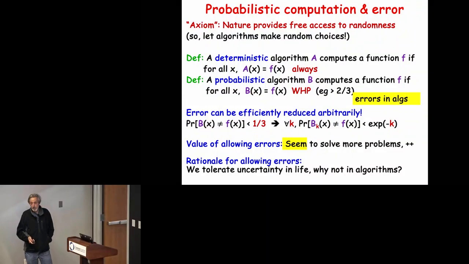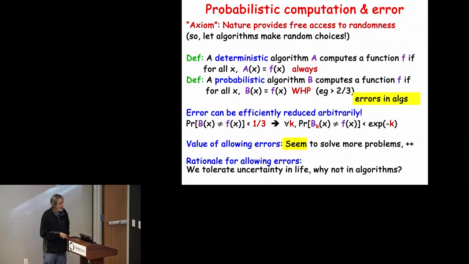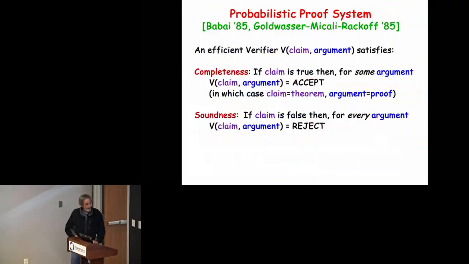Okay, now we want to import this to proof systems. And I claim this is easy because we define proof systems by algorithms, right? A proof system was an algorithm. Good, so let's do it. Maybe. Anyway, so we want to put it into proof systems.